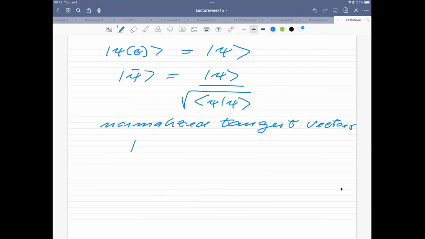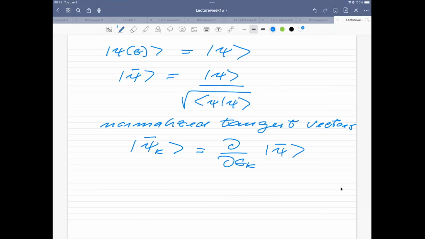And the normalized tangent vectors are now given by psi of k. So this is the derivative, just to remind you of that quantity, d over d theta k of this normalized object. So when you see only psi now, that is a psi which depends on theta.